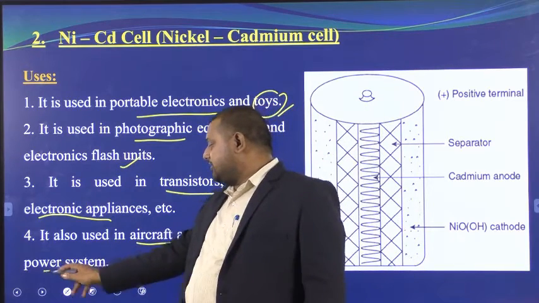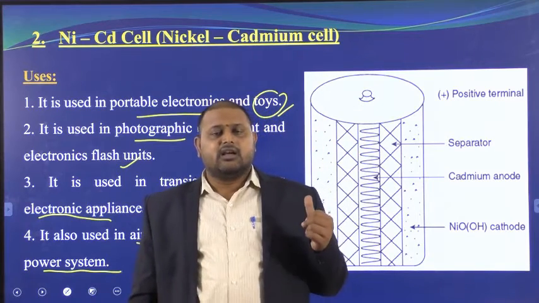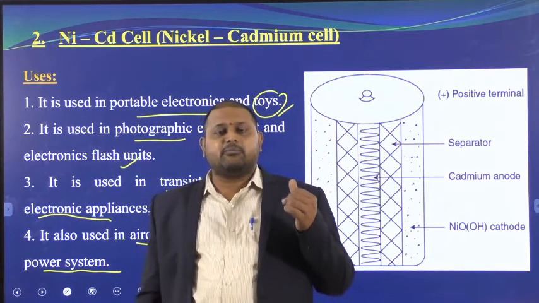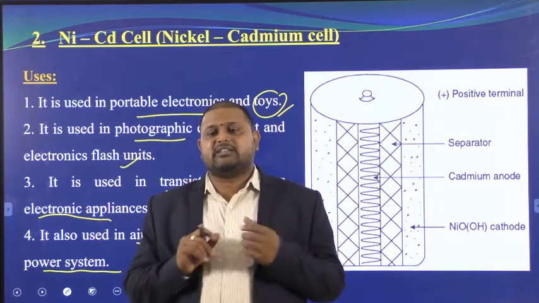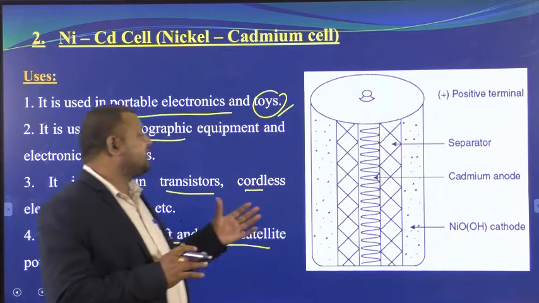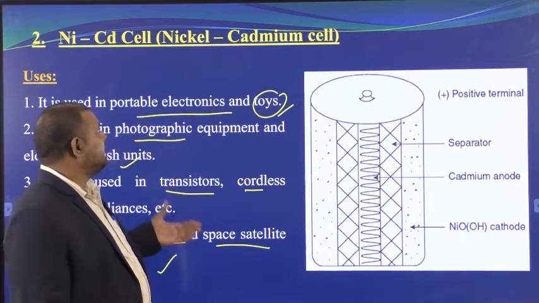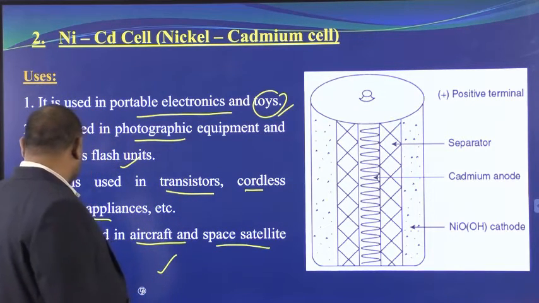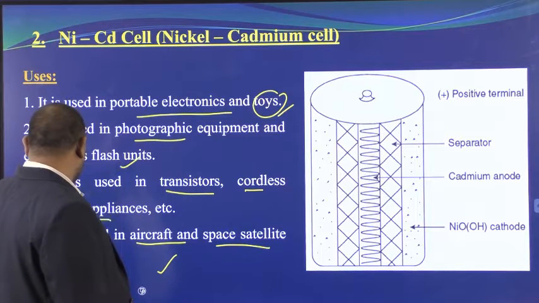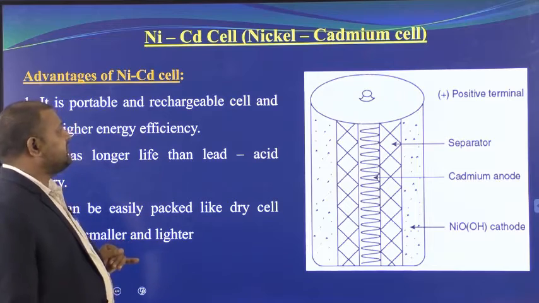This was one of the greatest discoveries in the 1990s, which changed the battery system completely, through the discovery of these reversible batteries, that is the nickel cadmium battery. Now we shall see about the nickel cadmium battery. What are the advantages of this?